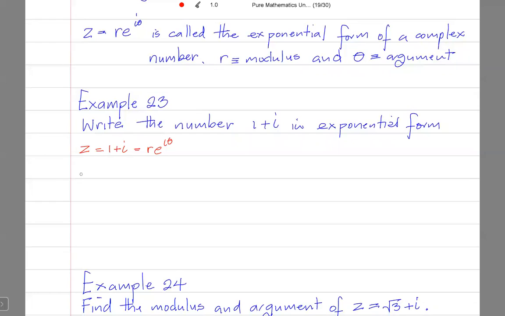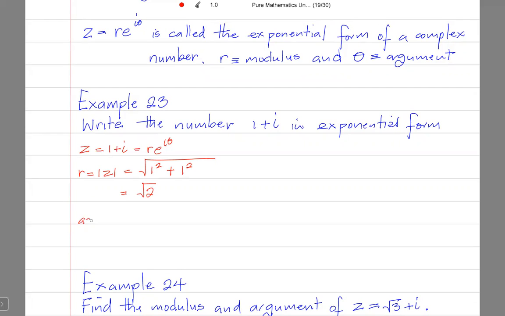So now r, the modulus of z, is equal to the square root of real, which is 1 squared, plus the imaginary, which is also 1 squared. So this is equal to the square root of 2.